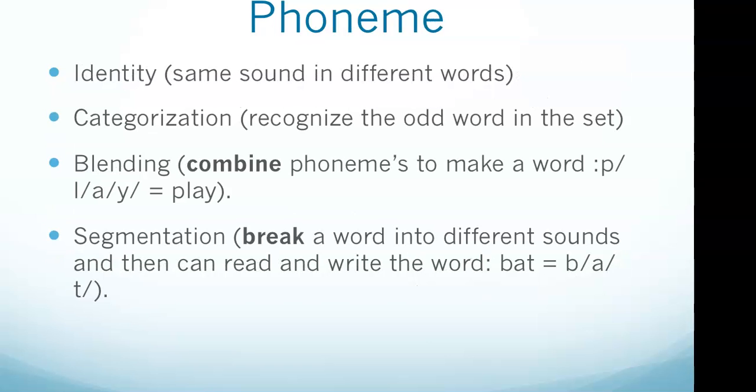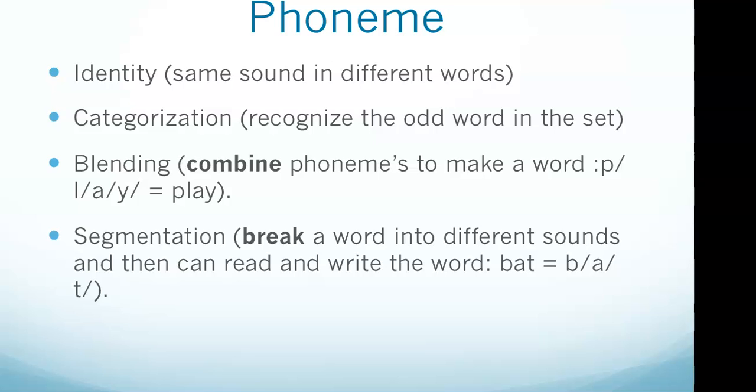Okay, phonemes. Phoneme identity is when children recognize the same sound in different words. Categorization is when children recognize the odd word in the set. Blending is when students listen to separate phonemes and combine them to make a word, and the example here is play, combining the P-L-A-Y.